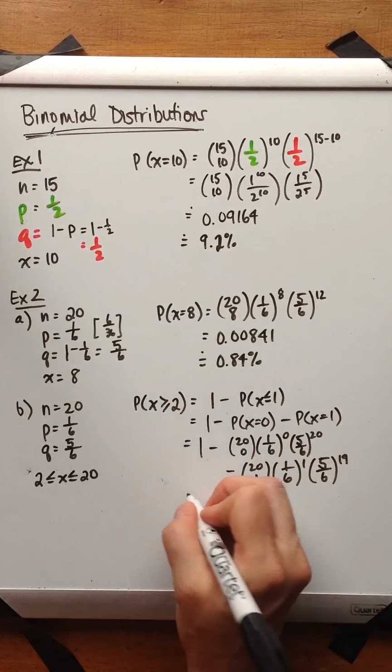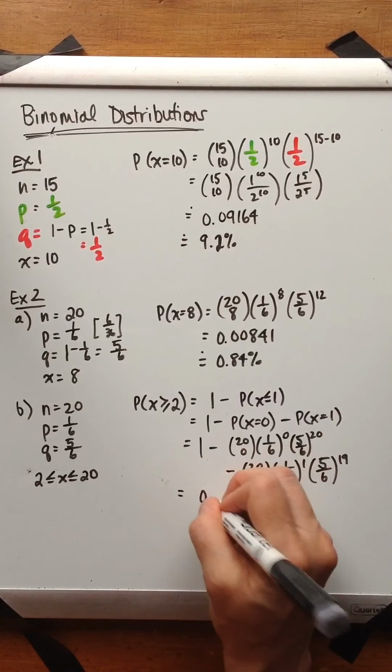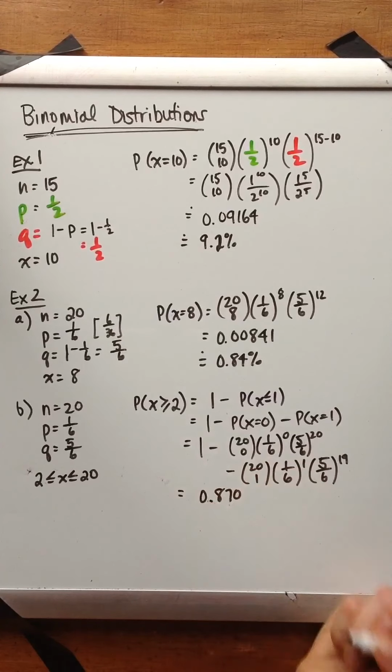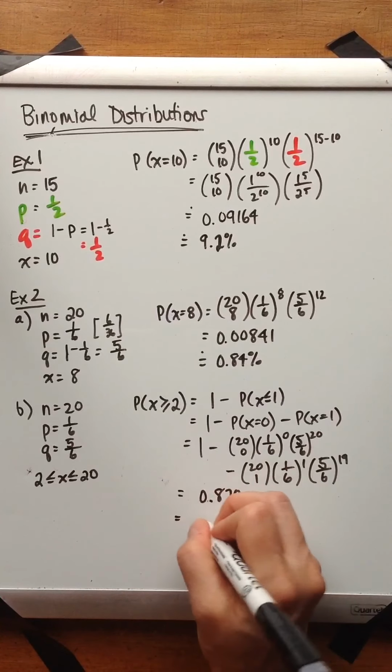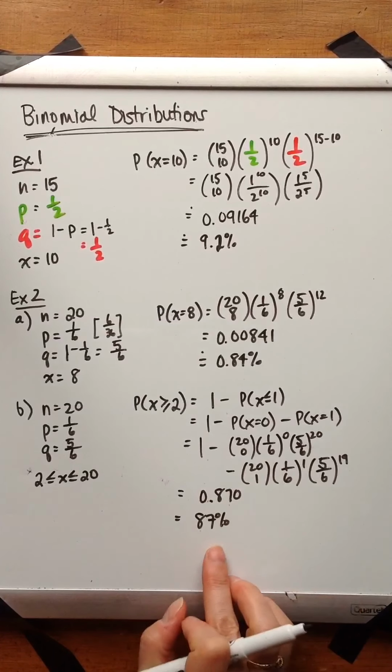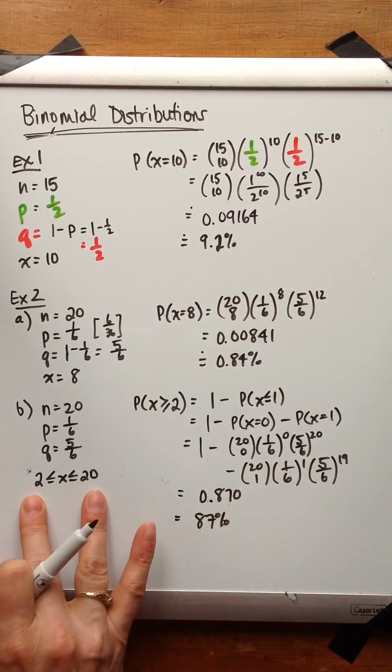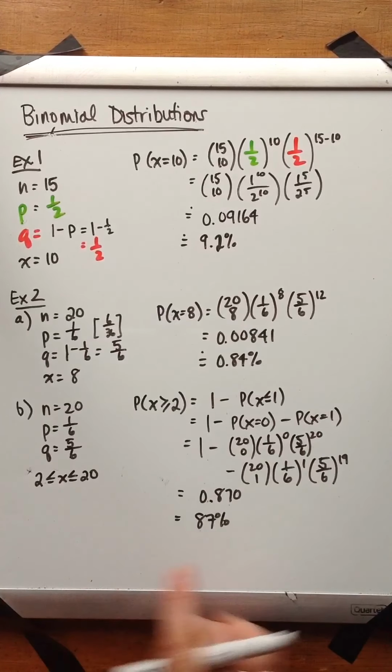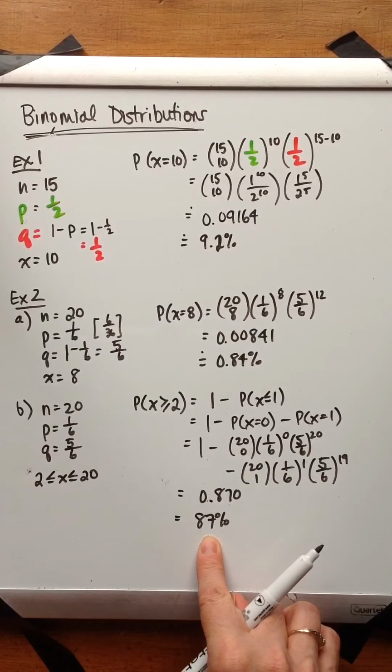When you do work all of this out using your calculator, you should end up with a decimal of 0.870, which as a percentage comes out to 87%. Now this makes sense. I mean, your chances of having 2 to 20 successes is almost perfect, right? It almost includes every scenario, which isn't surprising then that your percentage is pretty high.